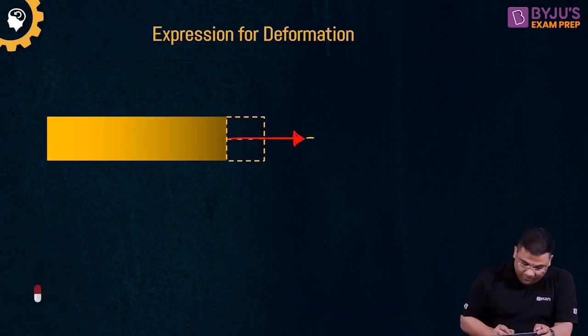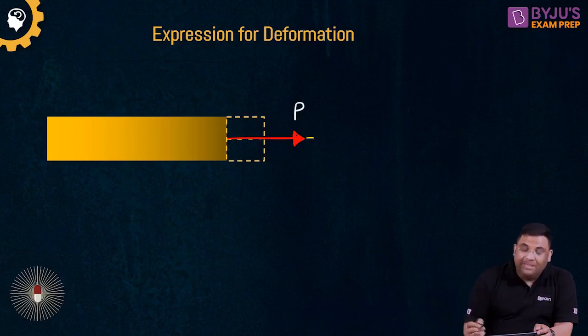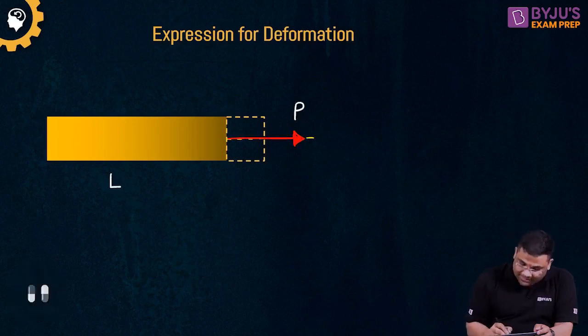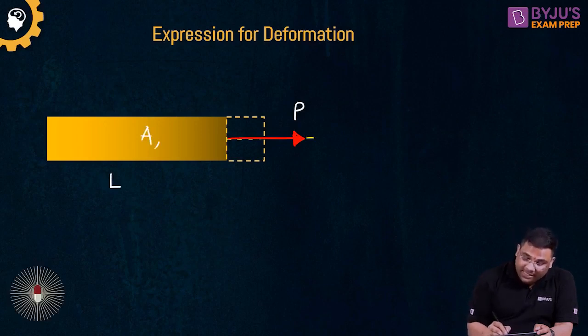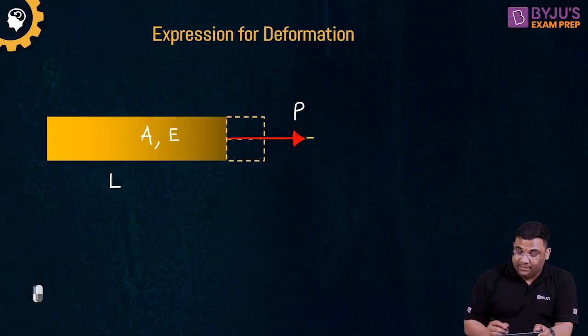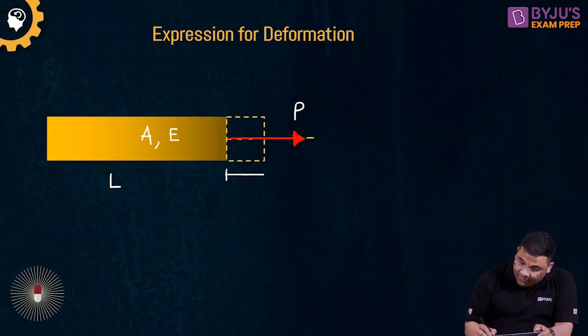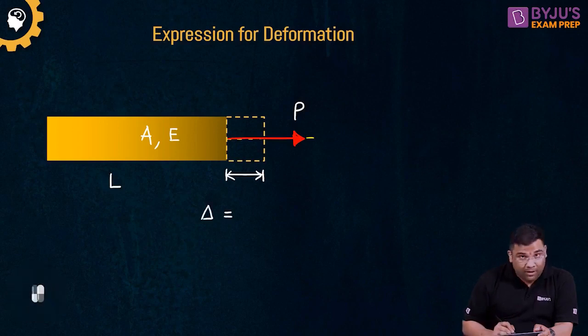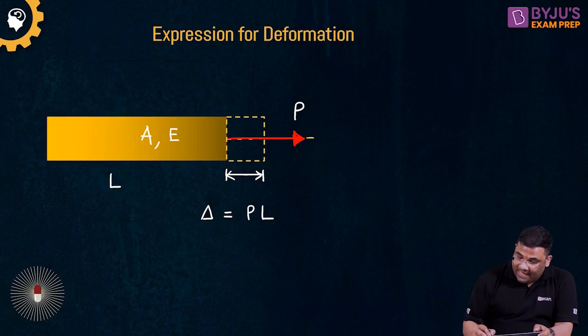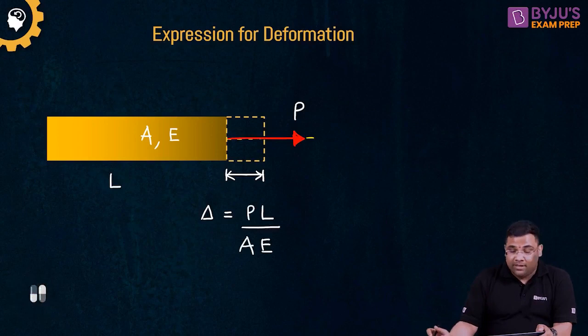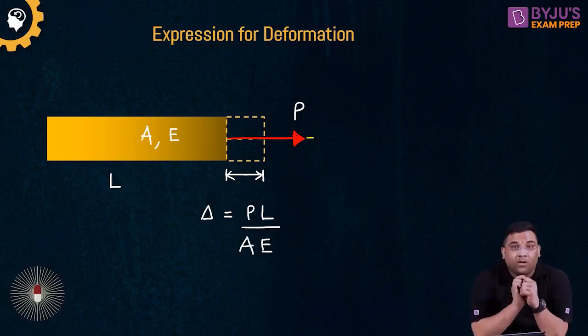Suppose the load is P kilonewton, the length of the bar is L, the cross-section area of this bar is A, and the modulus of elasticity of this bar is E. Then the axial deformation, which I will call delta, is equal to PL upon AE. This is the expression for deformation of a bar under axial load.